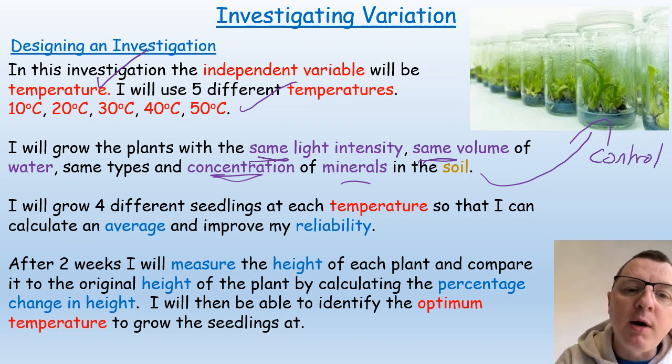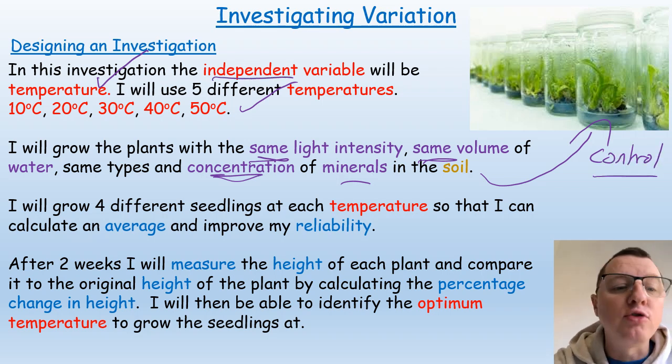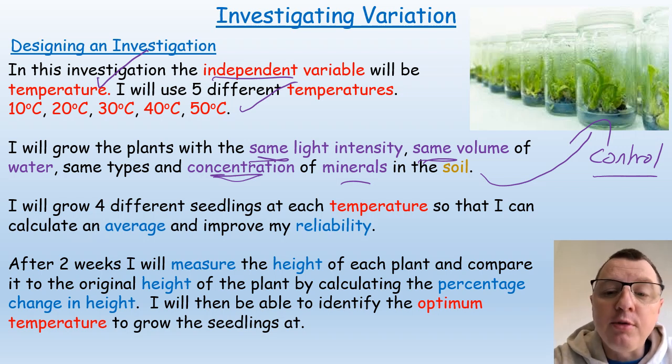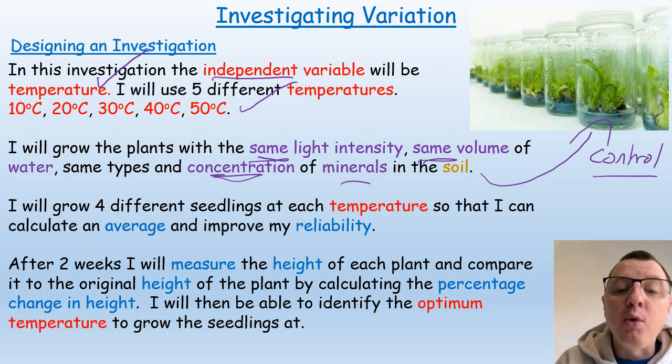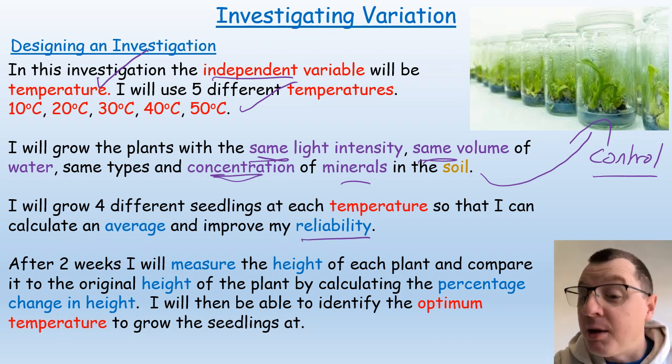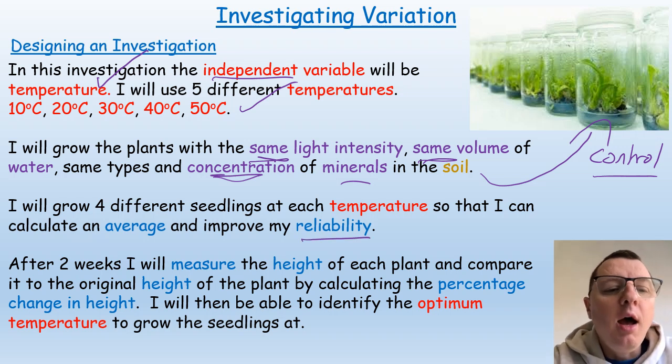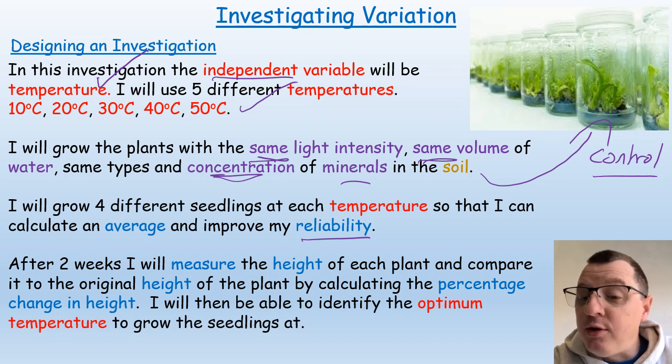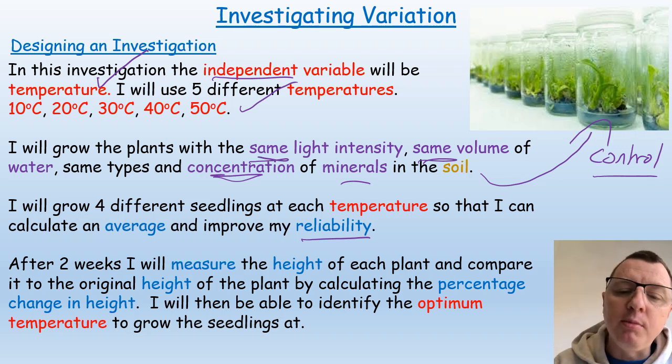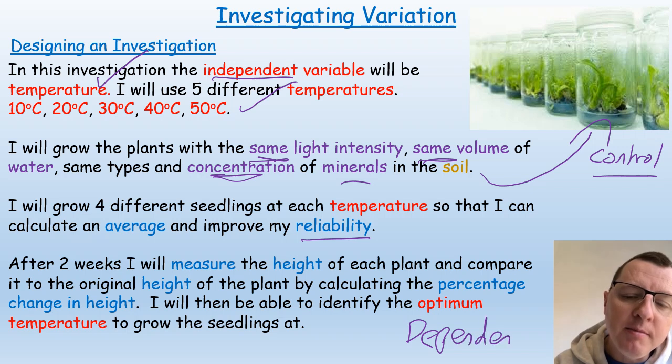So we've already talked about our independent variable and now the control variables. I will grow 4 different seedlings at each temperature so that I can calculate an average and improve my reliability. So that's our reliability statement. But we haven't talked about the dependent variable yet. What are we going to measure? Well, this final paragraph discusses that.